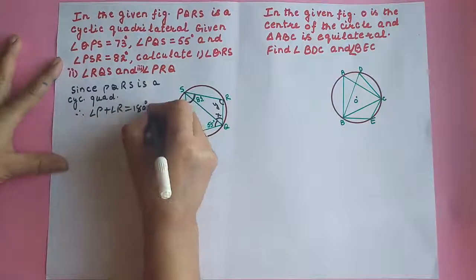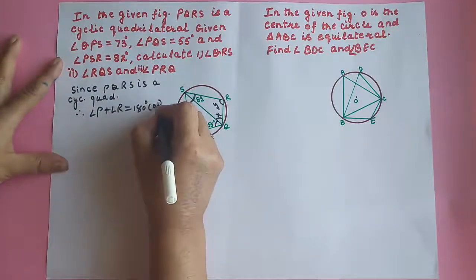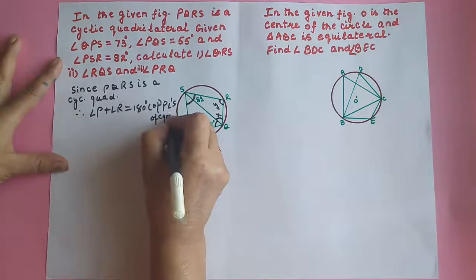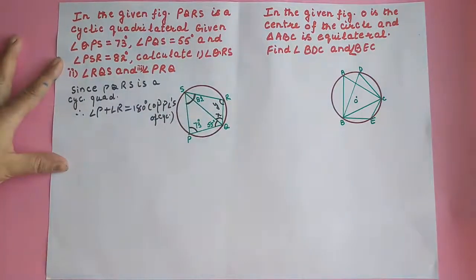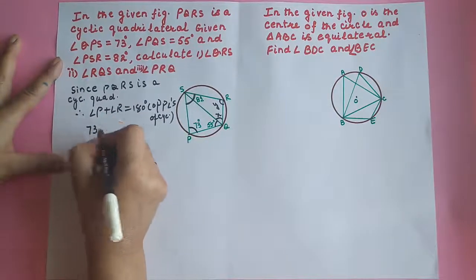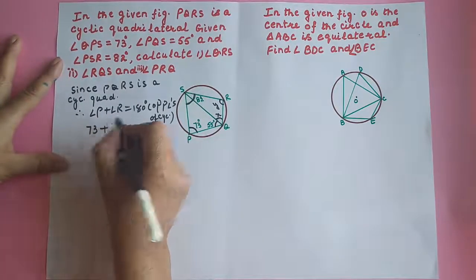Why? Because we know that opposite angles of a cyclic quadrilateral are supplementary.